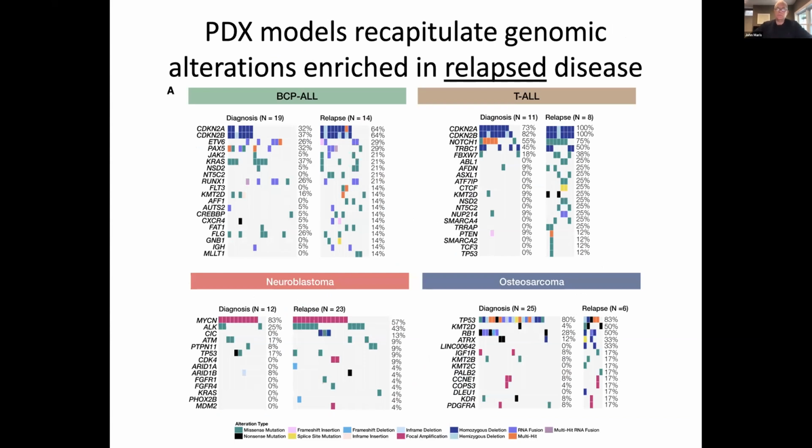this proved to us what we needed to know, that these characterized models are a good reflection of relapse disease. Just to focus on neuroblastoma, since that's the topic here today, in this effort we had 12 patient-derived xenografts established from diagnosis and 23 from relapse.